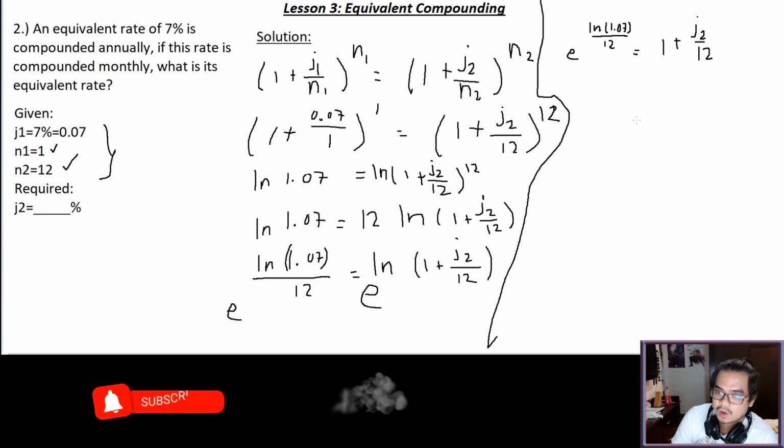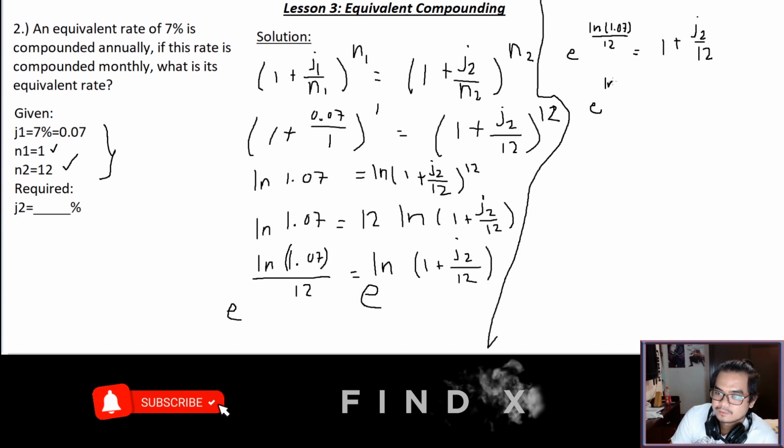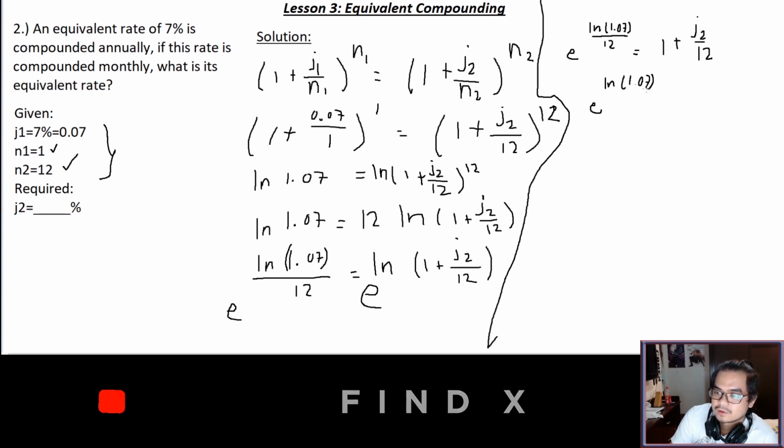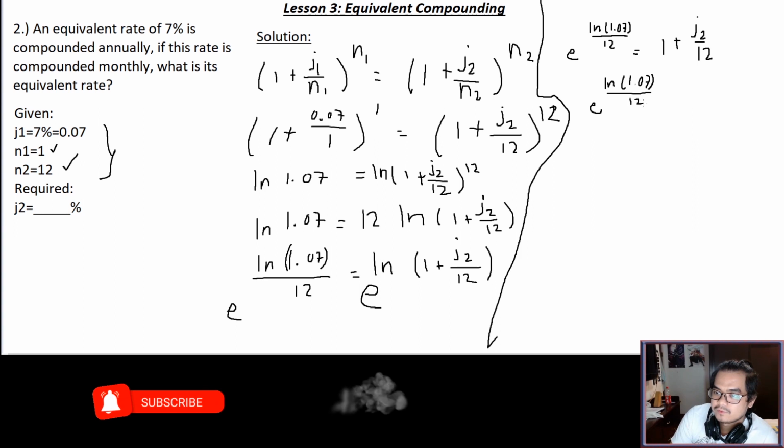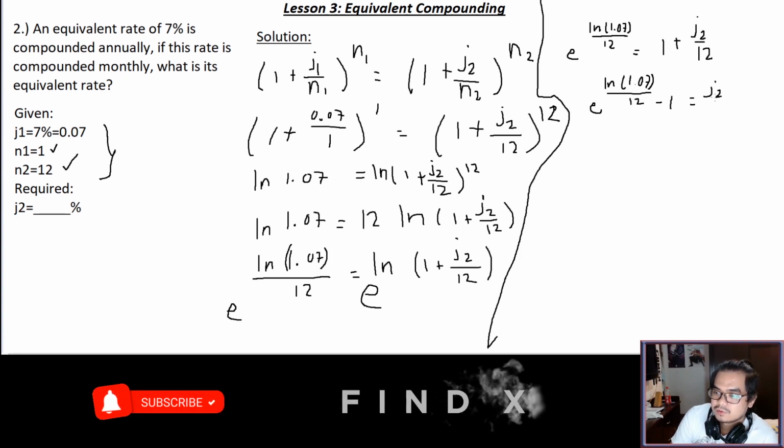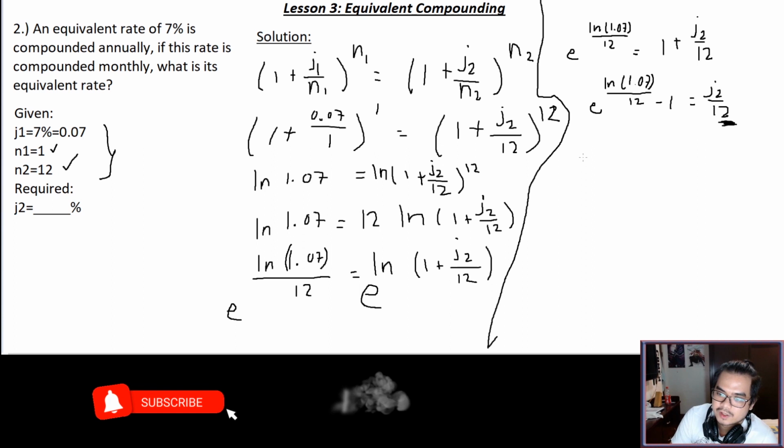Okay, so transpose 1, so that will become e raised to 1.07 all over 12 minus 1, and this is equal to j2 over 12, and then multiply the whole equation by 12. This is just cross multiplication.